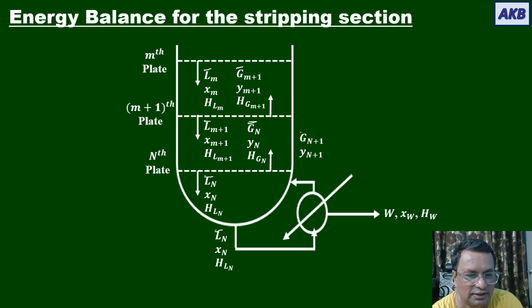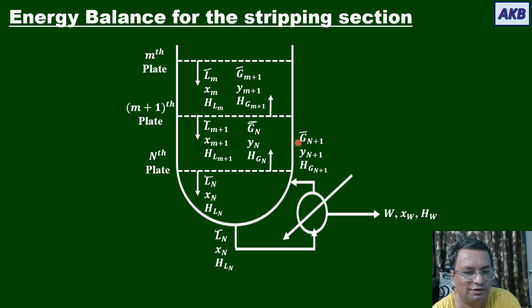Then one more vapor stream that we will be using in our discussion is the stream coming out of the reboiler and entering at the bottom into the column. That vapor stream will be considered to be coming out of a plate that is next to the nth plate, and what is that plate? n plus 1.